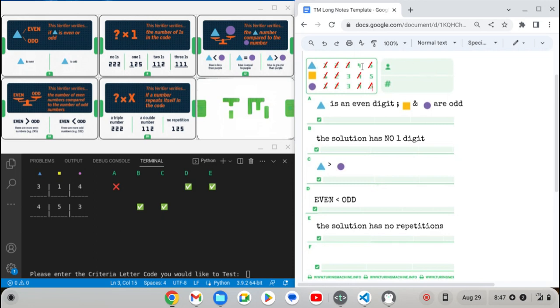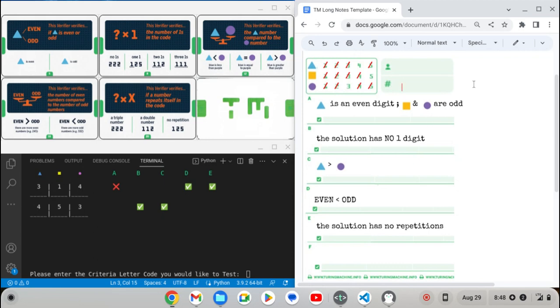And so 4 is larger than 3, and there can be no duplicates. So let's cross out the 3 for square. And that looks like what I typed up. 4, 5, 3.